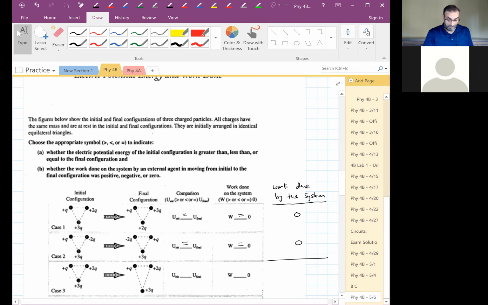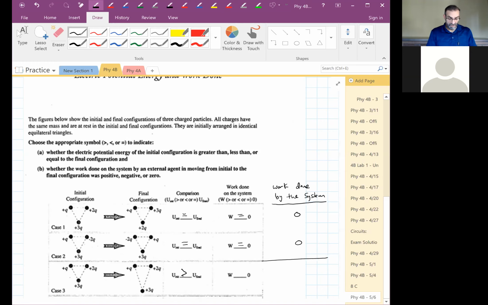So the initial energy is more than the final energy. No, I think we had it backwards here earlier, right? Yeah. Initial energy is more than the final energy, because these objects repel each other.